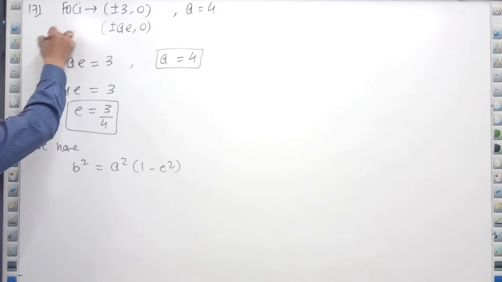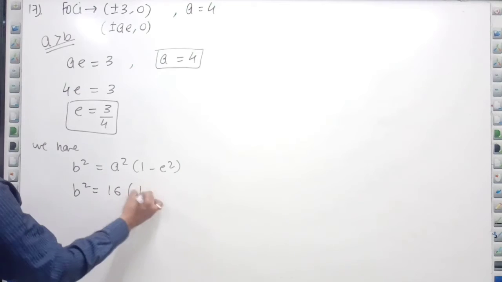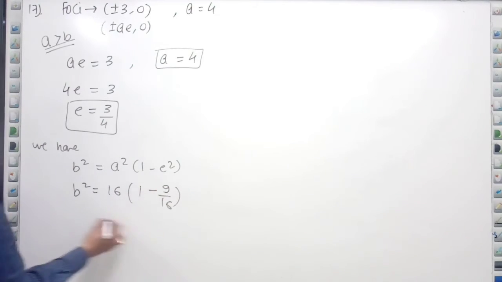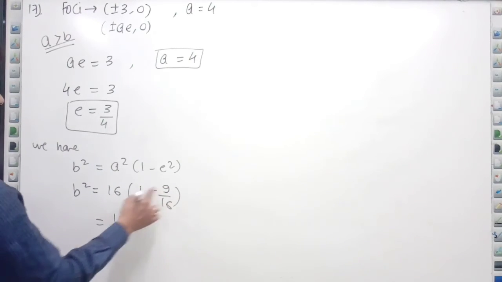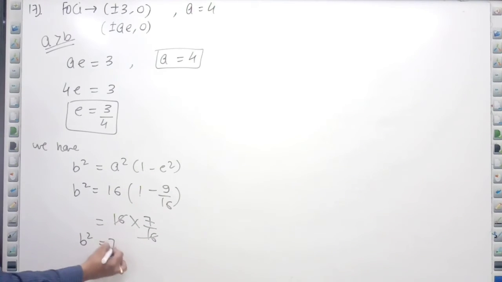Foci on the x-axis, so this is the case of a greater than b, right? Why am I writing a greater than b, a less than b every time? Because the formula table that we have created is segregated on the basis of a greater than b or less than b. So b square equal to a square, 16, 1 minus 9 by 16. 16 minus 9 is 7 by 16, so b square equal to 7.